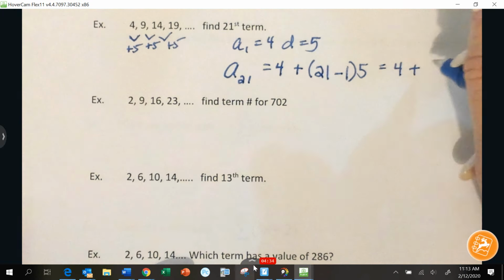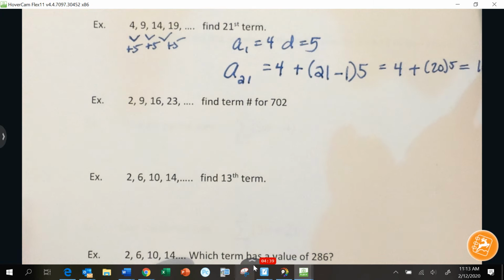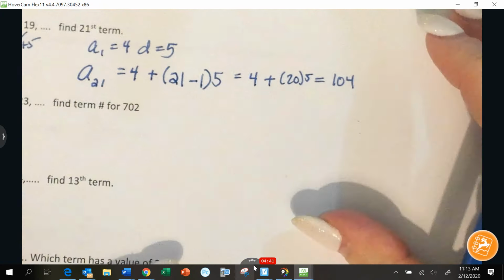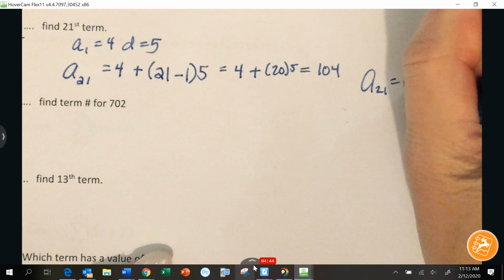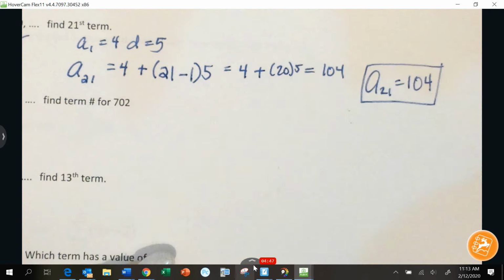So 4 plus 20 times 5. So 104. All right. A sub 21 is 104. The 21st term has a value of 104.